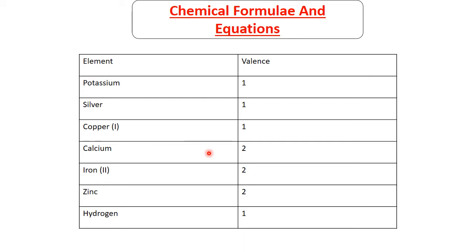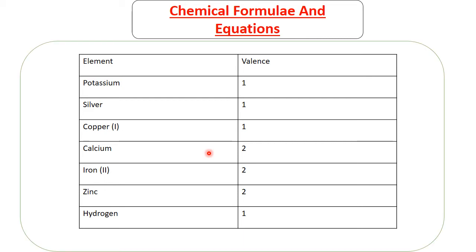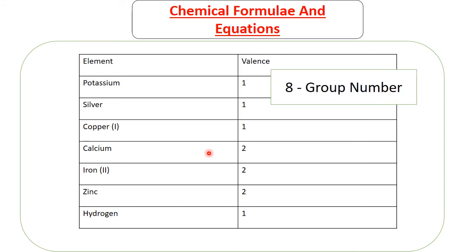Let's take a look at other non-metals and the secret to determining their valences. Hydrogen, if we look at it as a non-metal, so the secret is: for non-metals, you get the group number, then you do 8 minus group number. The number that you're going to get is the valence of a non-metal.